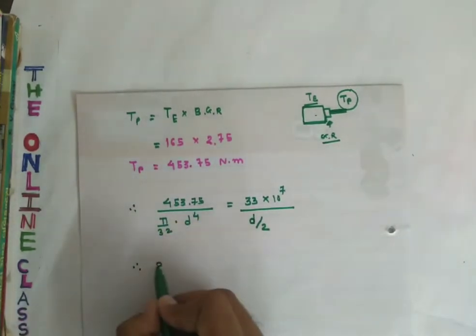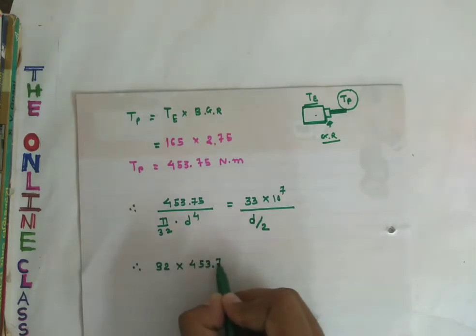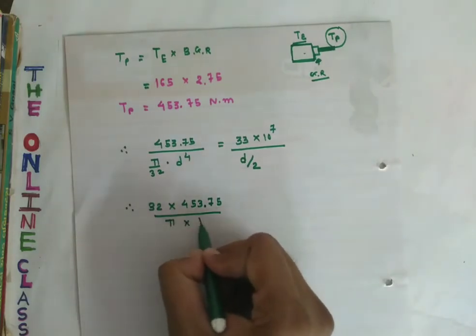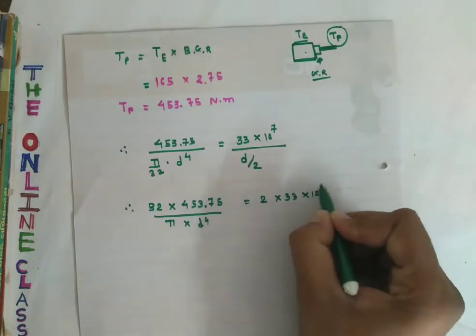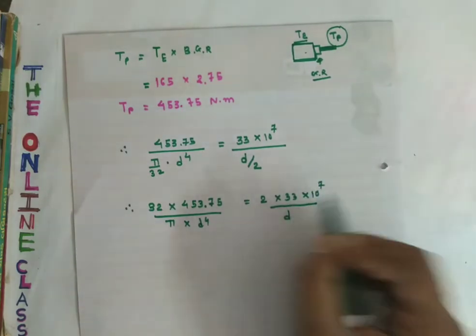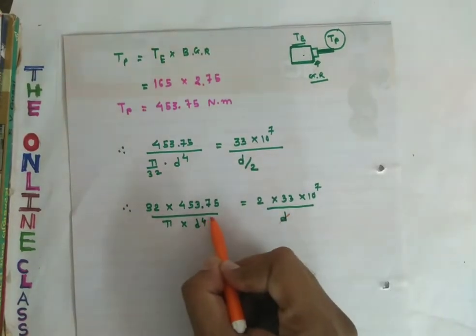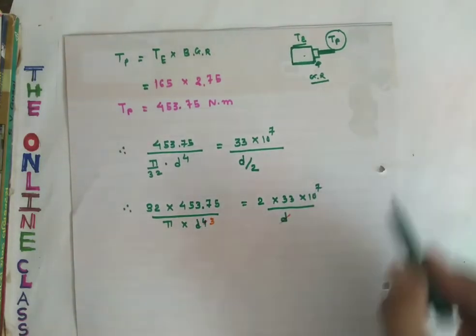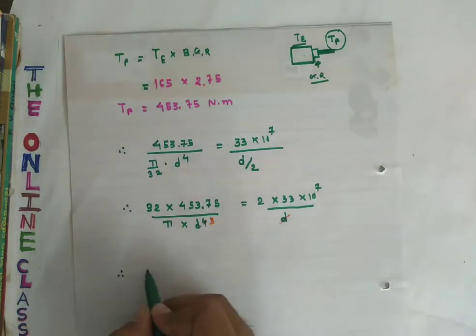Okay, so 32 goes up: 32 into 453.75 divided by pi into d raised to 4 is equal to 2 into 33 into 10 raised to 7 divided by d. So here d and d cancel out, and d raised to 3 remains, which goes to the right side, and the left side goes downward.